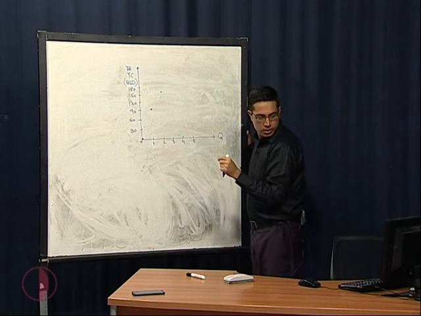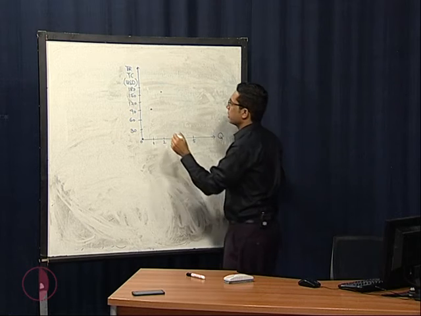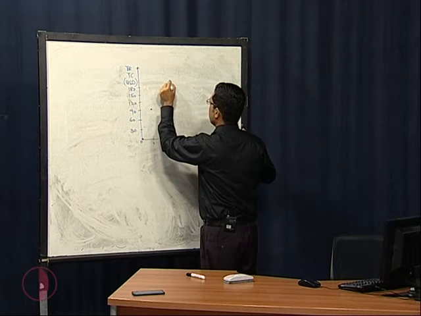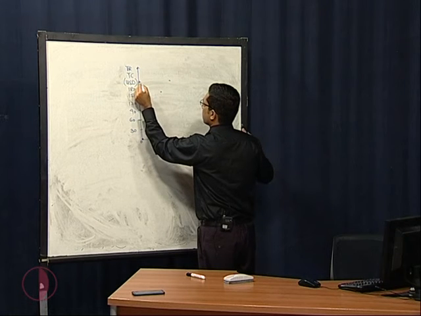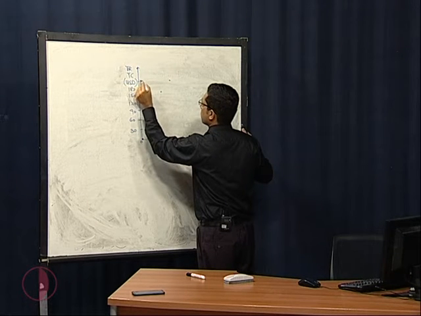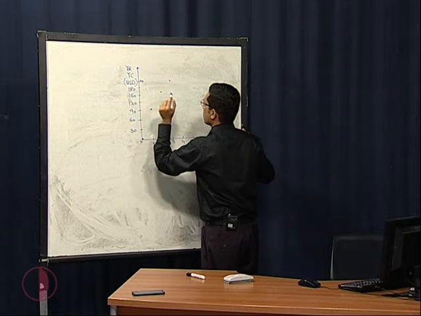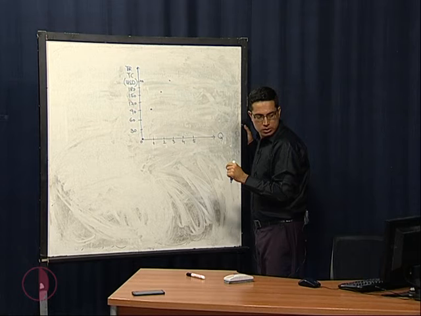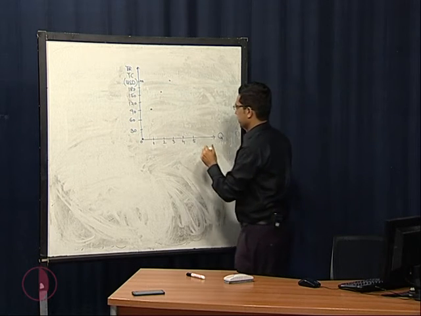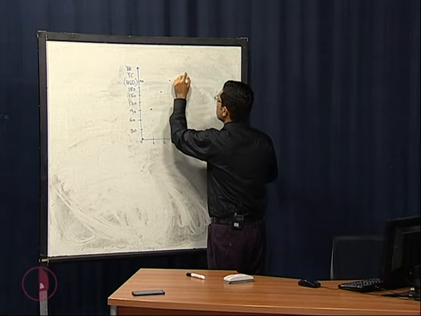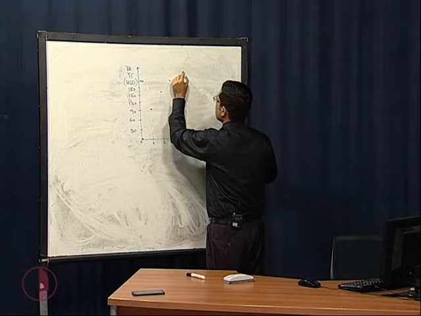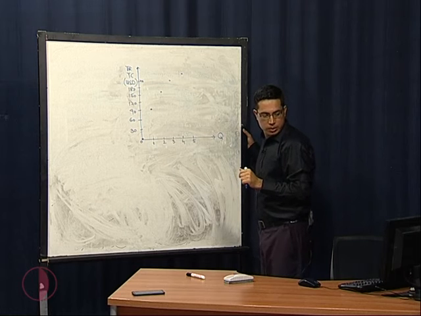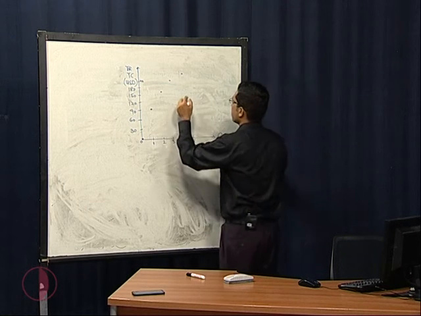When Q was 3, total revenue was 210. 210 will be here. When Q was 4, total revenue was 240. 240 will be here. When Q was 5, total revenue was 250.